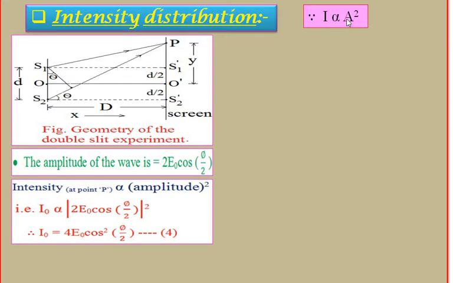It means if the amplitude becomes maximum, the intensity is also maximum, and point P observed on the screen is a bright point. If the amplitude is minimum, then the intensity is also minimum, and due to this we observe a dark point on the screen.